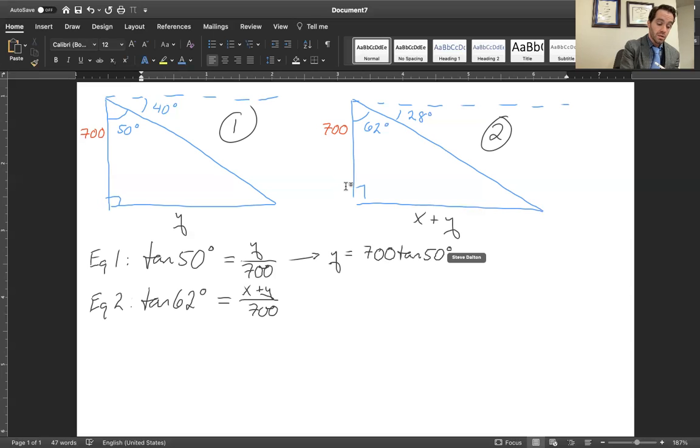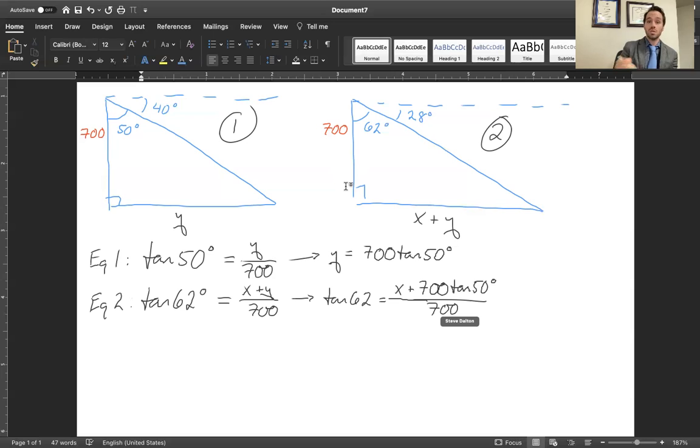And then when I put that into here, this y can become 700 tangent of 50 degrees. So tangent of 62 equals x plus 700 tan 50, all over 700.